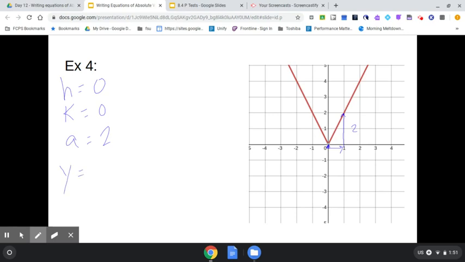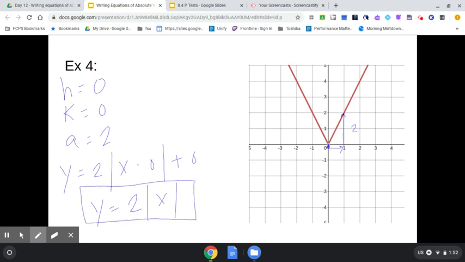If we plug in those values, A times the absolute value of x minus h plus k. Simplifying, y equals 2 times the absolute value of x minus 0, which is just x, and plus 0 does not affect the value of the function. So just y equals 2 times the absolute value of x.